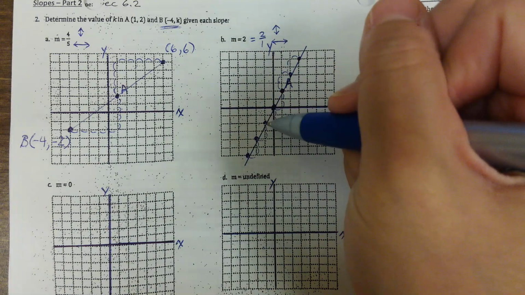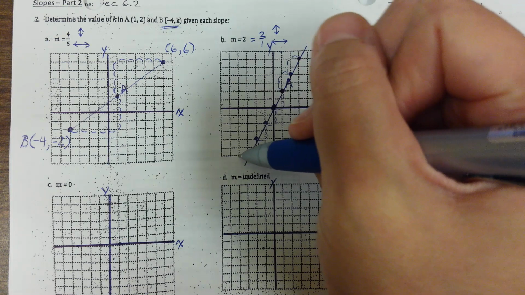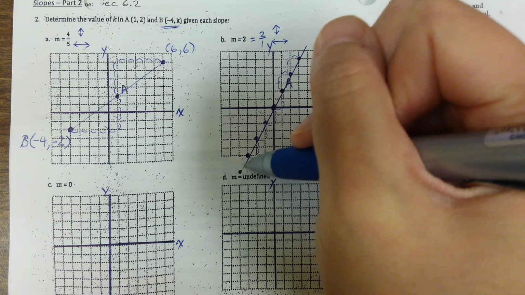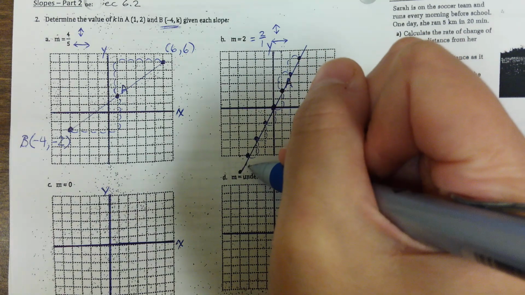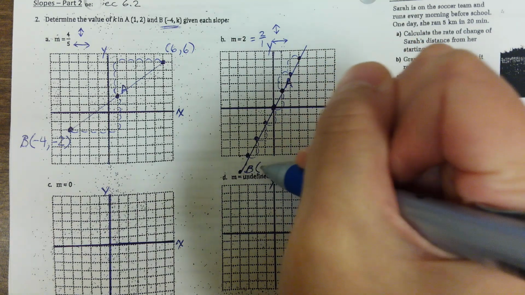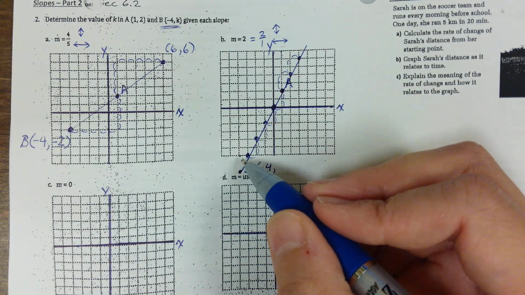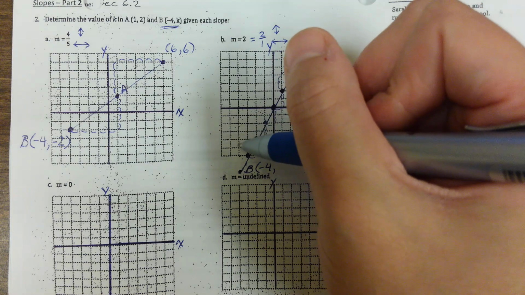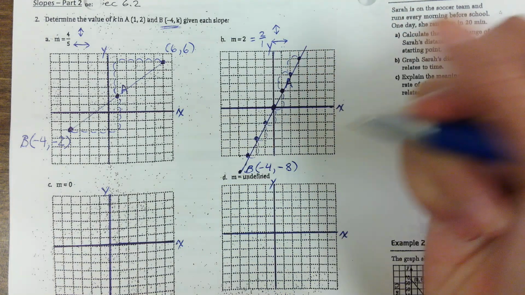Okay, and so this point right here, 1, 2, 3. Oh, actually, I have to do one more. Okay, my point B is actually right here, (-4, -8). 1, 2, 3, 4, 5, 6, 7, 8.